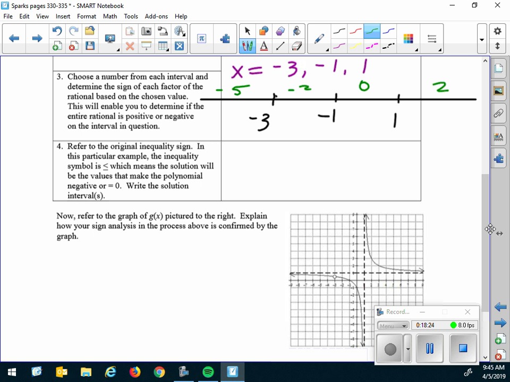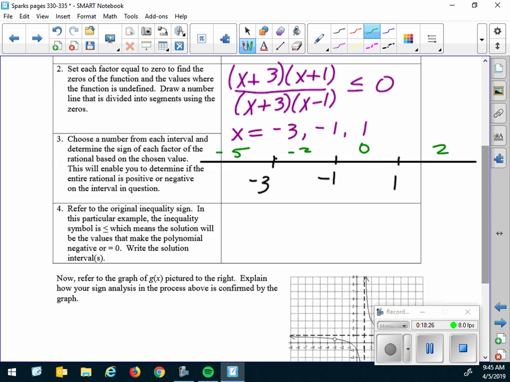So here's what we're going to do. If x is -5, is this factor positive or negative? So the top is a negative times a negative, over a negative times a negative.